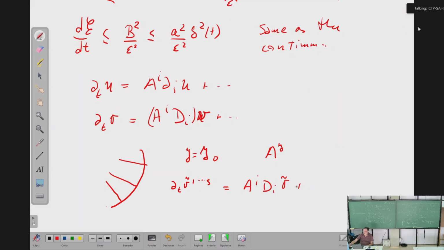And here you will put nothing. And for the other ones, the ones you have to give boundary conditions, s to the n, if there are m variables, here you do this.